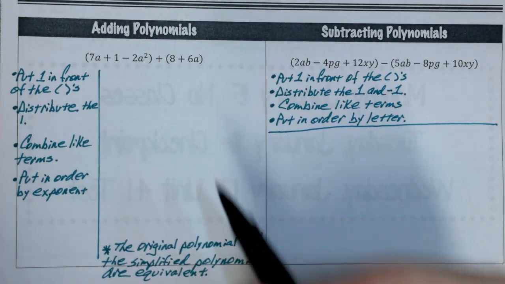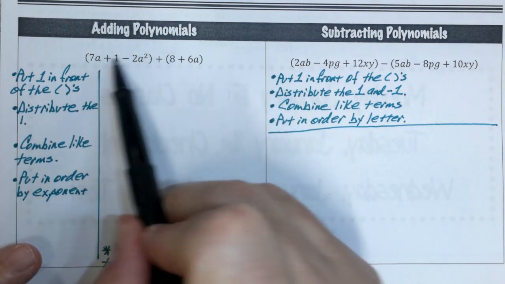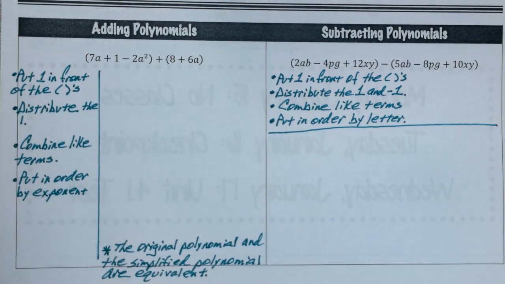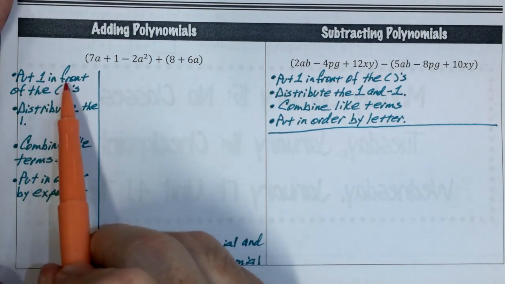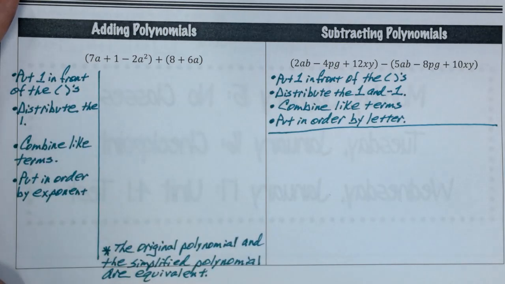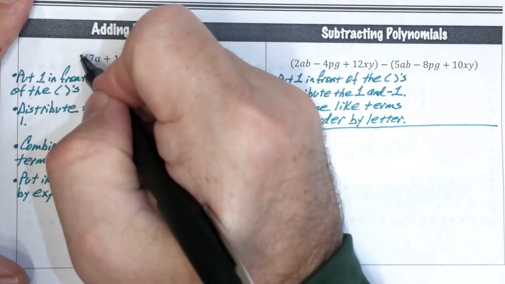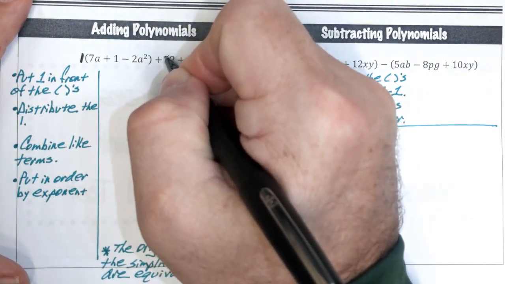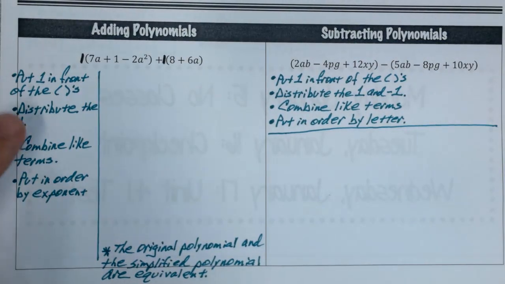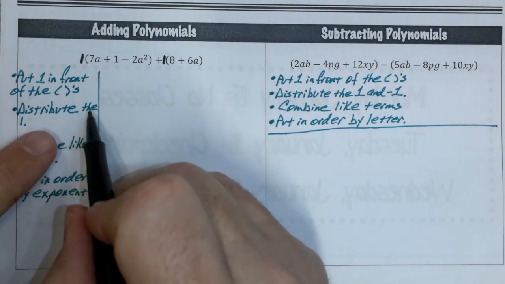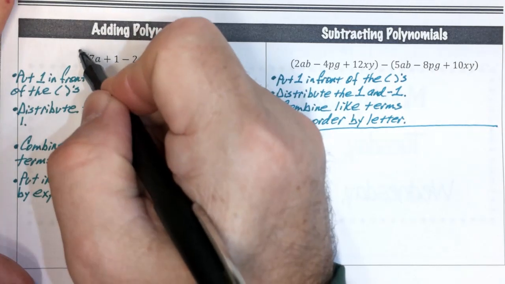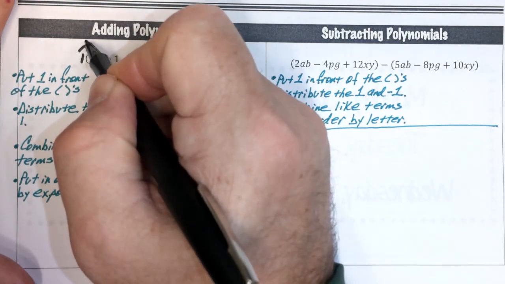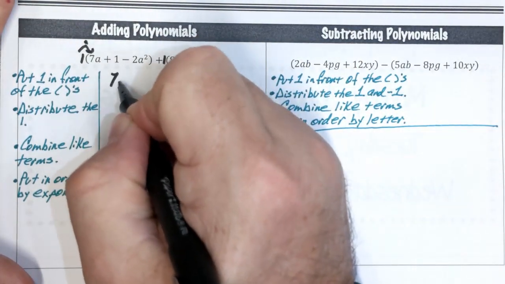Alright, here we go. Now we're going to talk about adding polynomials. Our first step is to put a 1 in front of the parentheses. So I'm going to put a 1 here, and a 1 here. Our next step, we want to distribute the 1. So 1 times 7 gives me 7a.